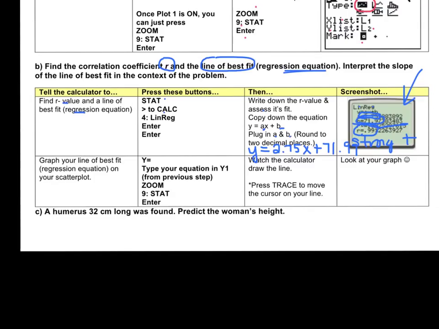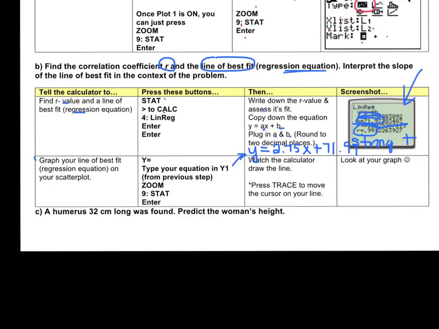So now what we're going to do is tell the calculator to draw our line of best fit on our scatter plot, because you can't draw on the calculator. So press y equals. If there's anything in there in y1 or y2, clear it out. Type in your equation that we just wrote down. Type that in y1.